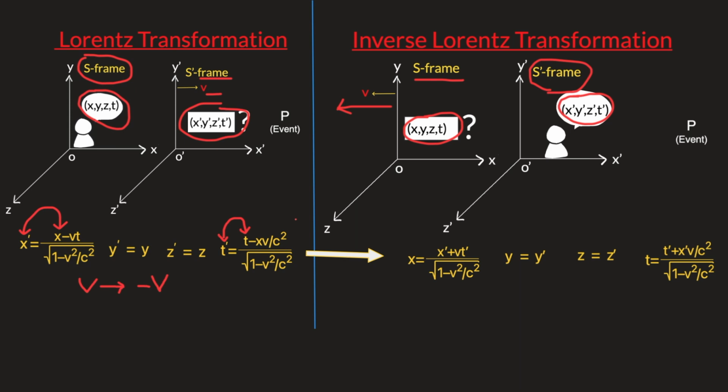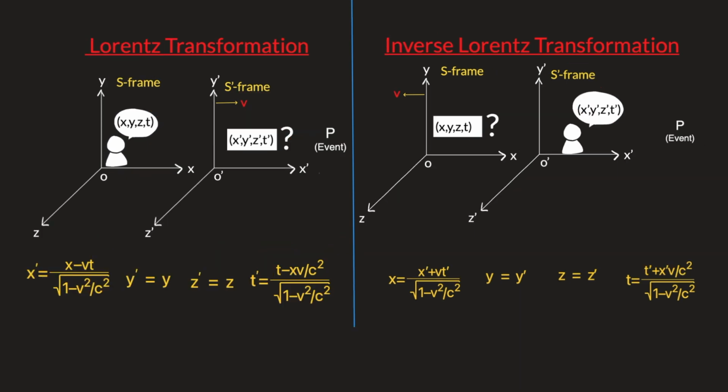So, in this lecture, we have studied Lorentz transformation and inverse Lorentz transformation, which are very important to understand the special theory of relativity. Although I have not derived the result, which we can do in a separate lecture if you ask me to do so, here I have tried to present a clear picture of the transformations so that you may start developing the understanding of the interesting world of relativity.